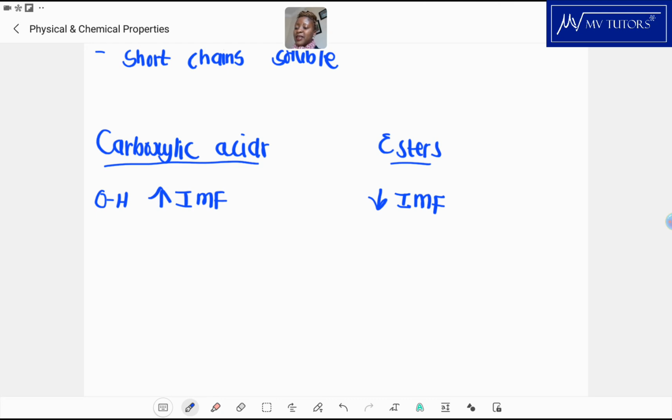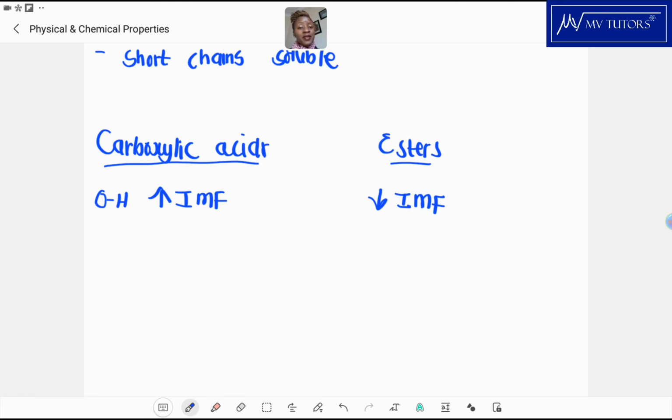With your carboxylic acid, you have strong intermolecular forces because of the hydrogen bonding. But even with alcohols, you have your carbon chains, and then you have your hydroxyl group. On that portion, the hydroxyl, that's where you have strong hydrogen bonds.